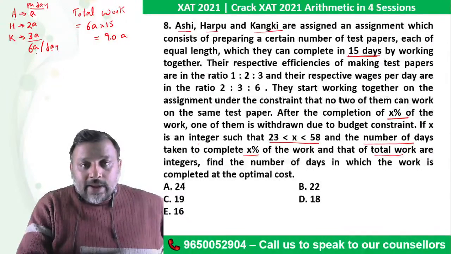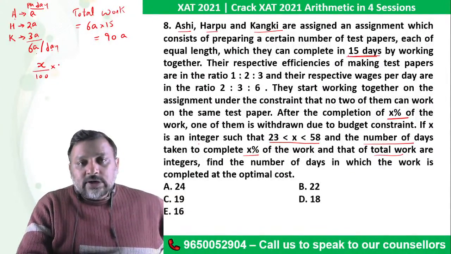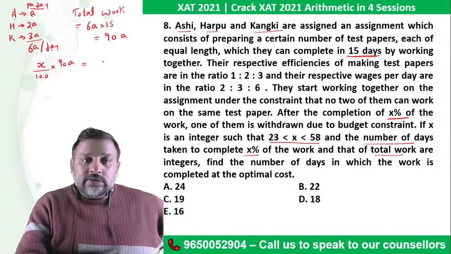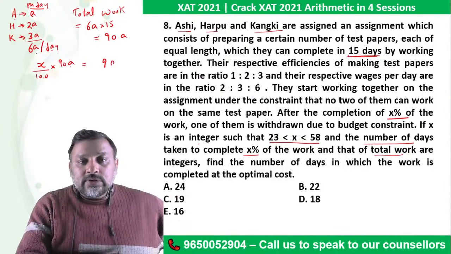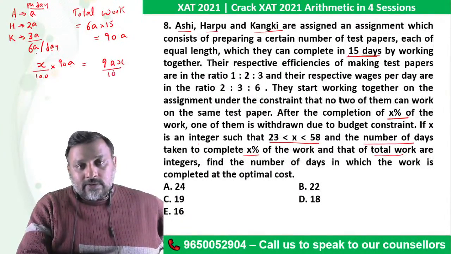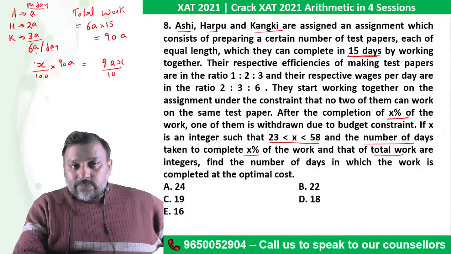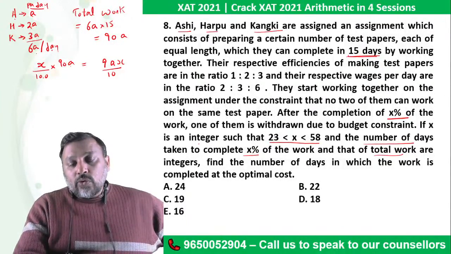Okay. So X% of this value, X% of 90, would be 9A into X by 10. Okay. So it is given the number of days taken to do X% of the work is an integer.